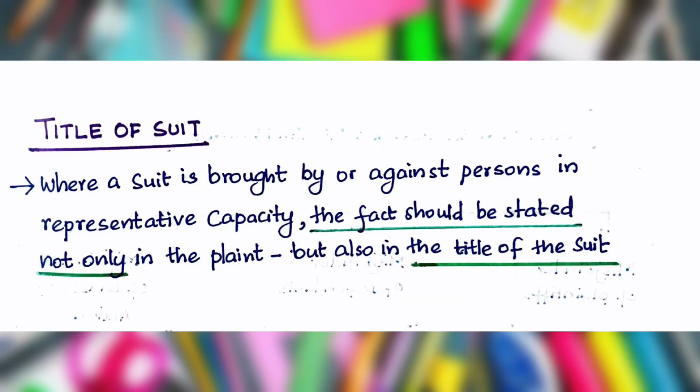And regarding the title of the suit, where a suit is brought by or against persons in a representative capacity, the fact should be stated not only in the plaint but also in the title of the suit.